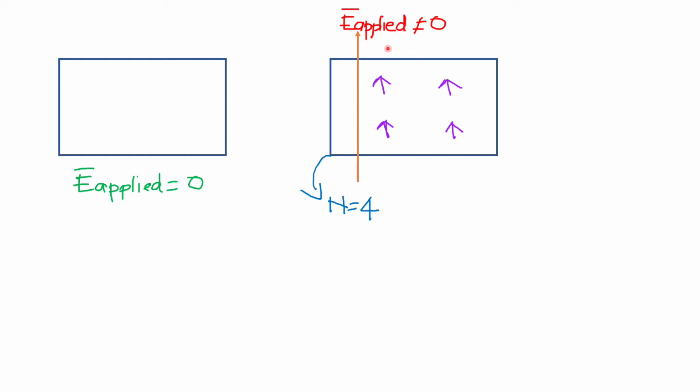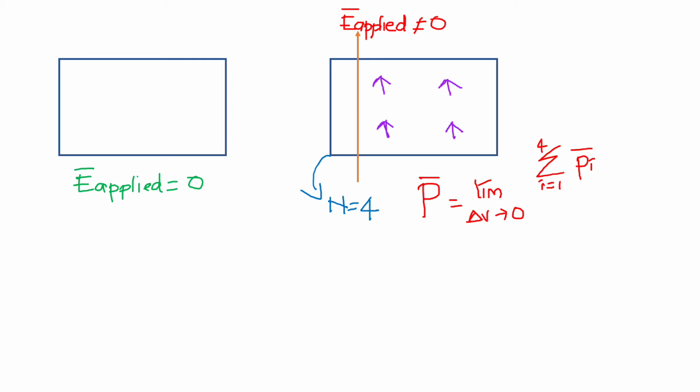From this scenario, I'm going to write a new equation, where this one is equal to the capital P. This is a vector, and equal to the limit as the volume goes to 0 of the summation of our electric dipole moments in that material, with i equal to 1 until 4.